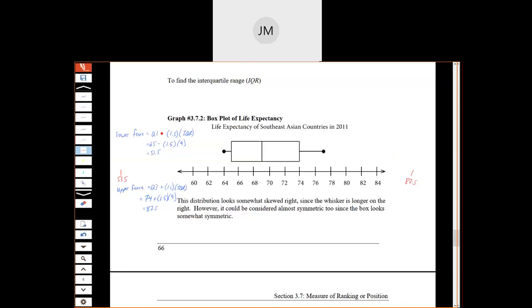To give you kind of a visual, this is my IQR, right? This distance. So I have to go 1.5 of these. No, I didn't draw this nicely to scale.